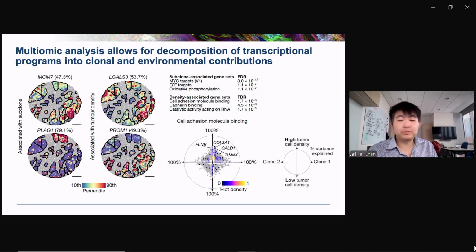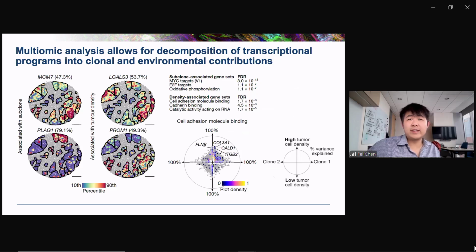So maybe there's an external program in the cell and nearby cells that causes the local cancer cells to be more dense. This program is not actually intrinsic to the clonal identity of the tumor cell.